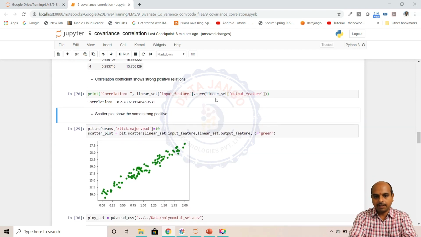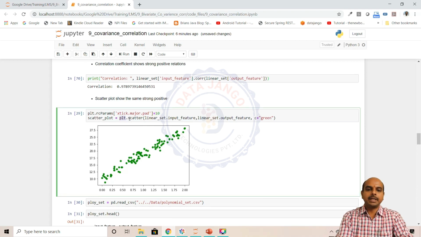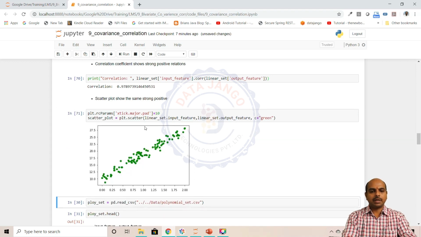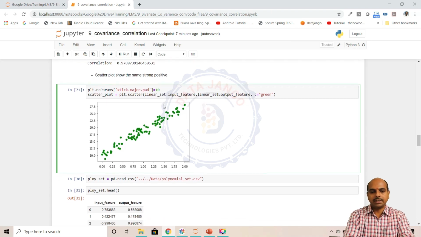To visually see what is happening, for a scatter plot we have the scatter method in plt, which takes X series object or list, Y series object or list or numpy array, and you can plot it. It is simple, right? Here I have set the major tick pad for the X ticker, just to give some padding between the X axis and the numbers. If you increase it and play with it, you will see the difference.